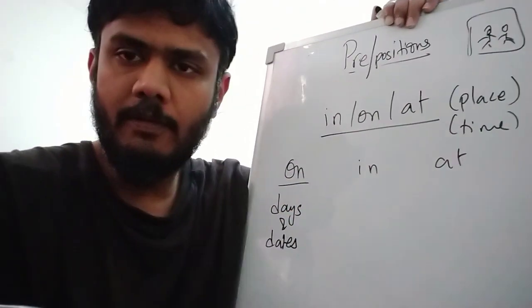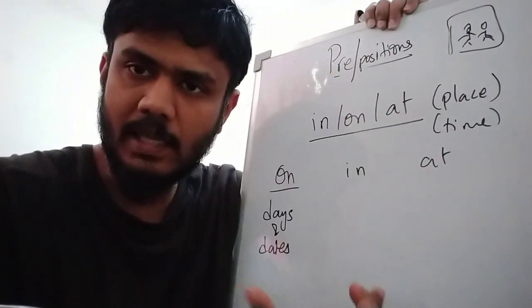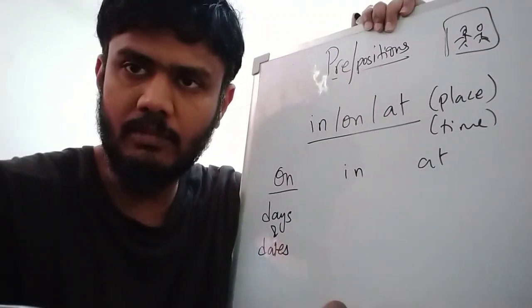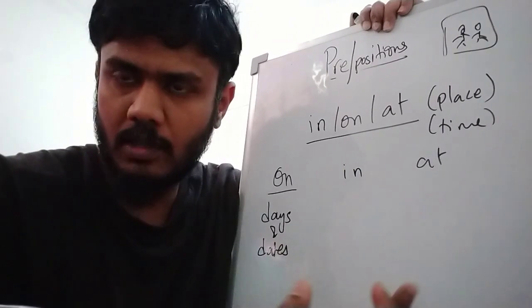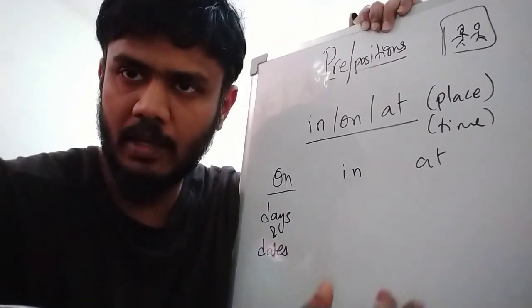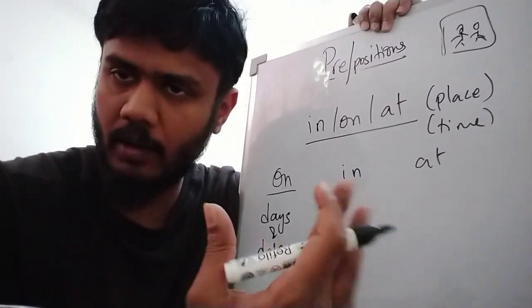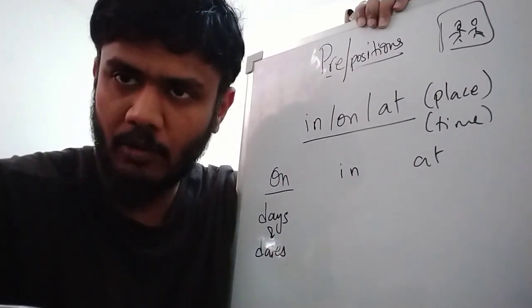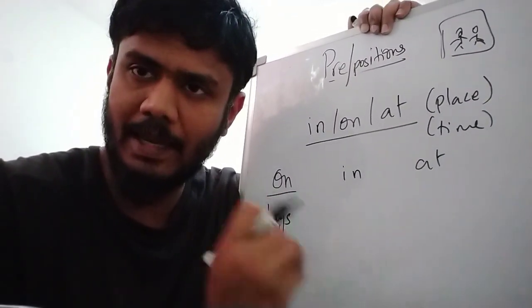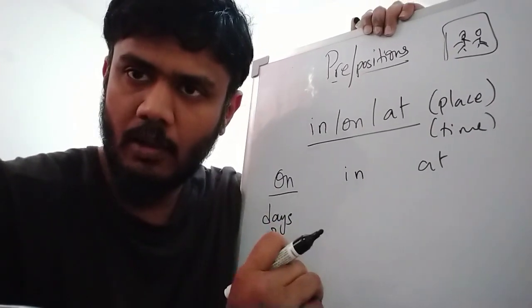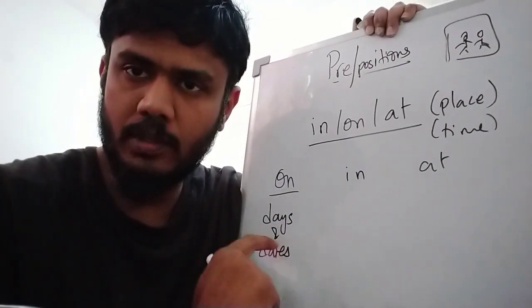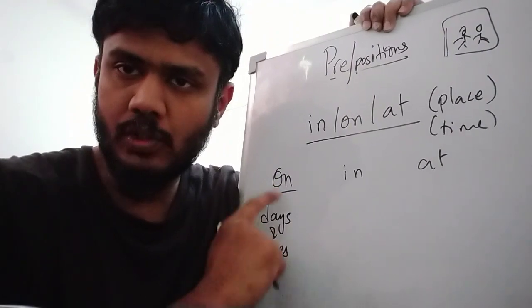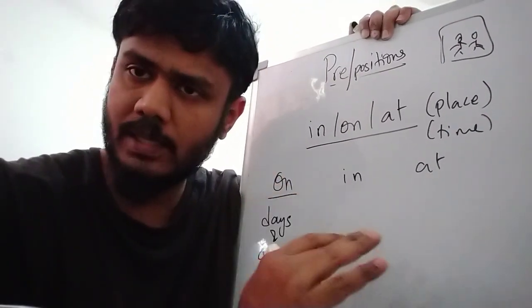On Friday, on the 26th of March, on Easter Sunday, on Good Friday, on Ram Navami, on Muharram, on Independence Day, on Republic Day. Any day or date that you use, you would use on. On Wednesday.